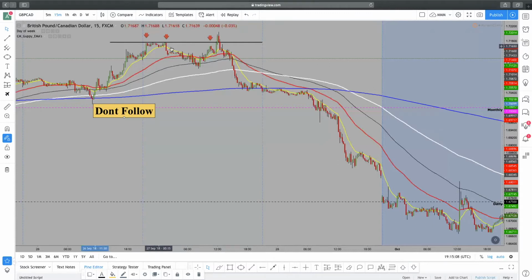So this becomes an obvious resistance for the retail trader after 3 touches. So they start selling. What does the market do? Stop hunt them for 58 pips from here and 25 pips from our trap zone. That's where the stop losses of retail traders are, right?